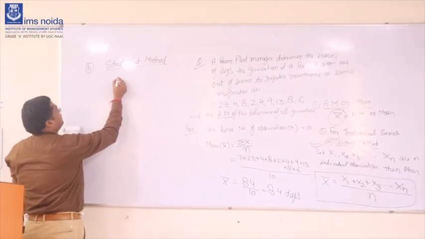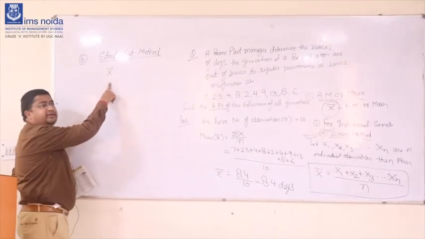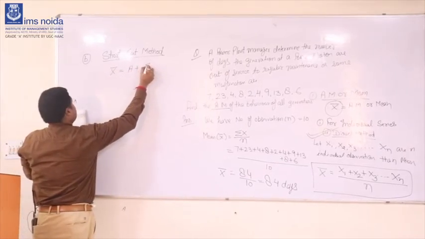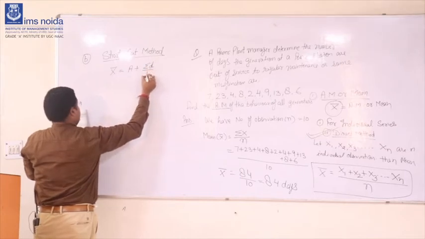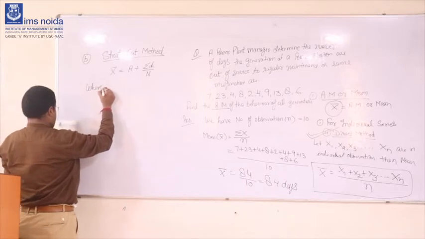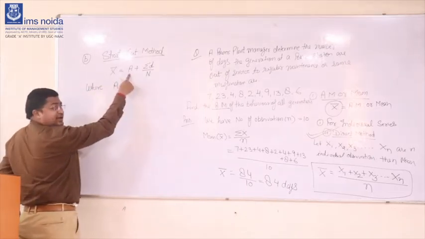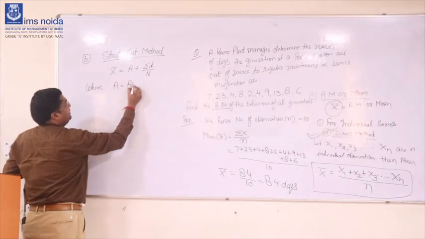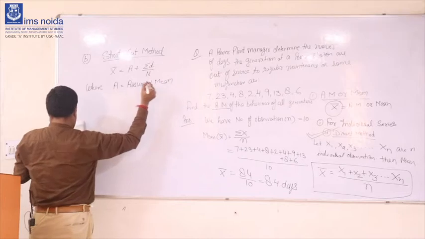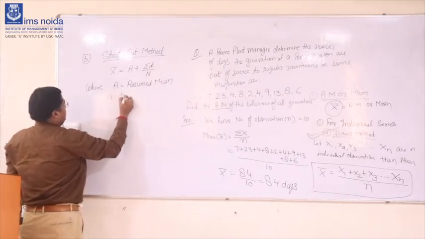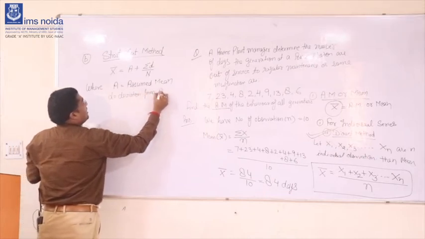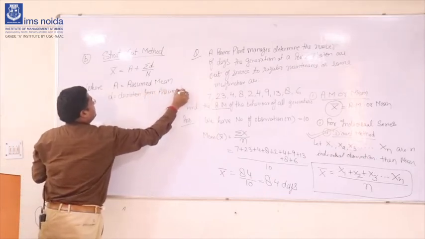That is the formula of arithmetic mean for individual series: X bar is equal to A plus summation D upon N, where A is the assumed mean, and D is the deviation from the assumed mean.